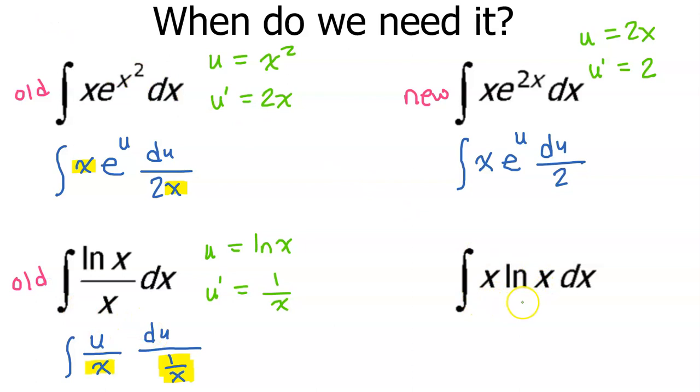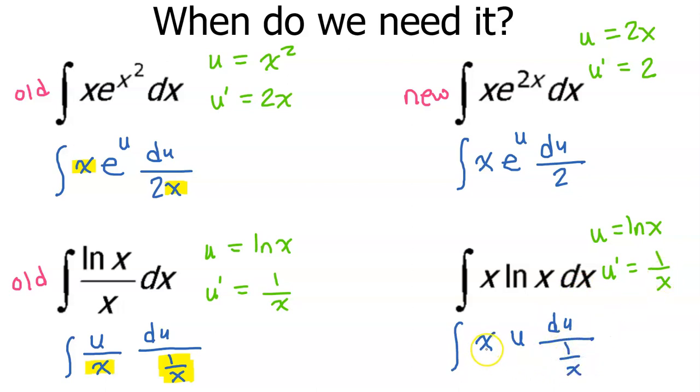What if we try something similar on the last example? We are integrating a product, but will regular U substitution work? If we let u equal natural log x like we did last time, again, u prime is going to equal 1 over x. When you do the substitution, you get this, and then you replace the dx with du over u prime.